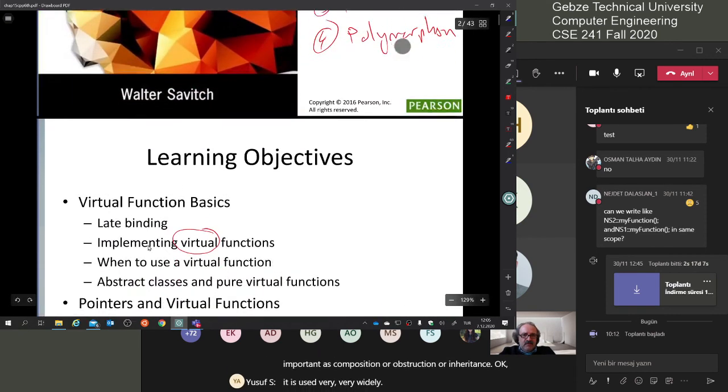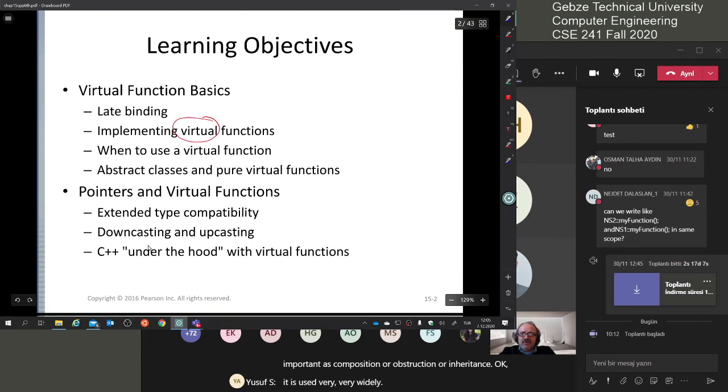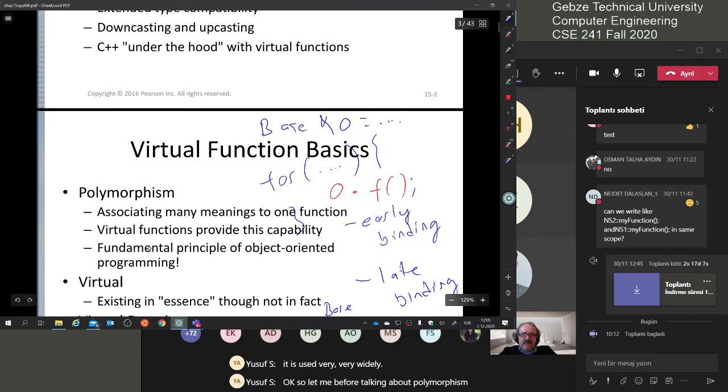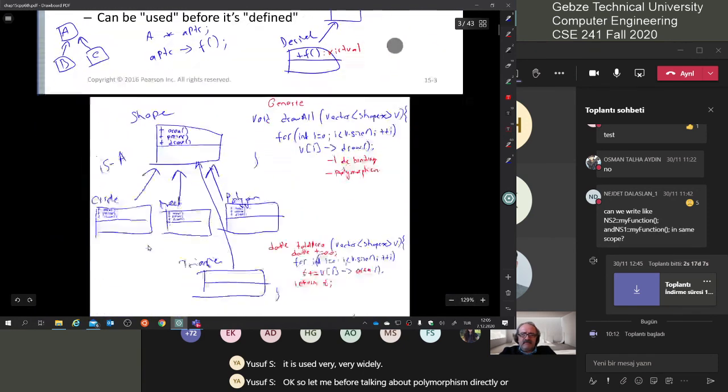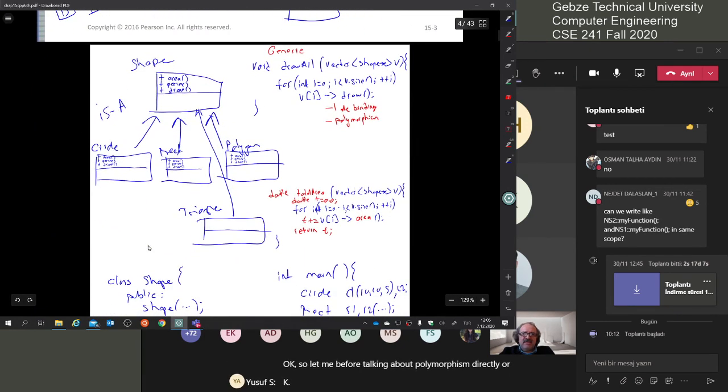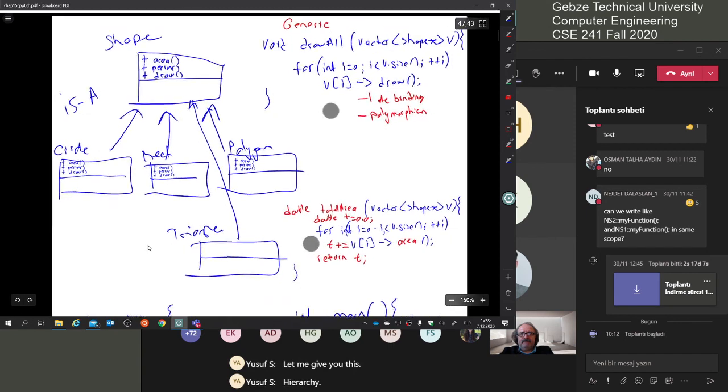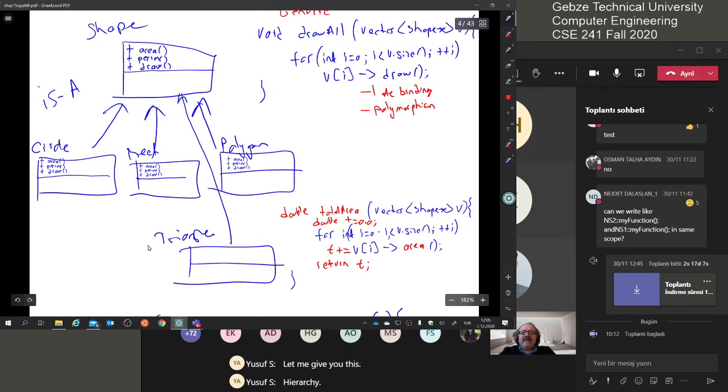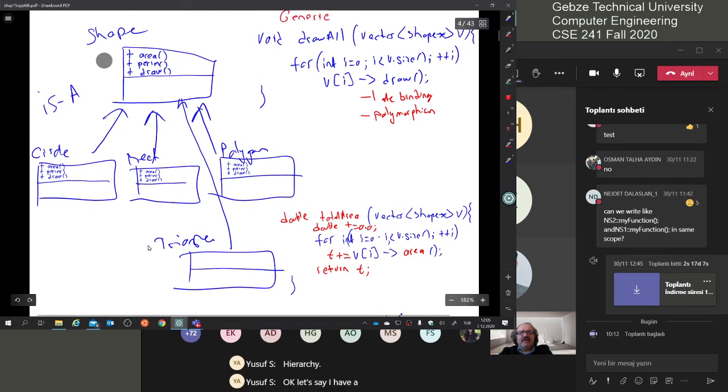Before talking about polymorphism directly, let me give you this hierarchy. Let's say I have a shape class.